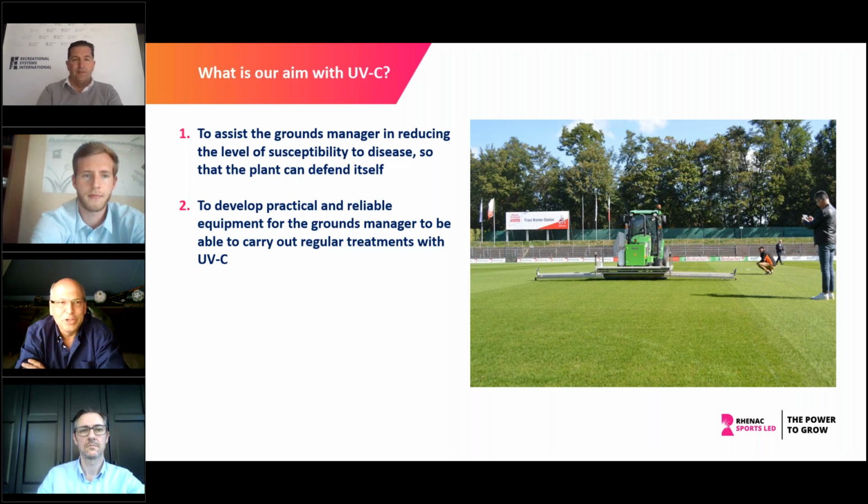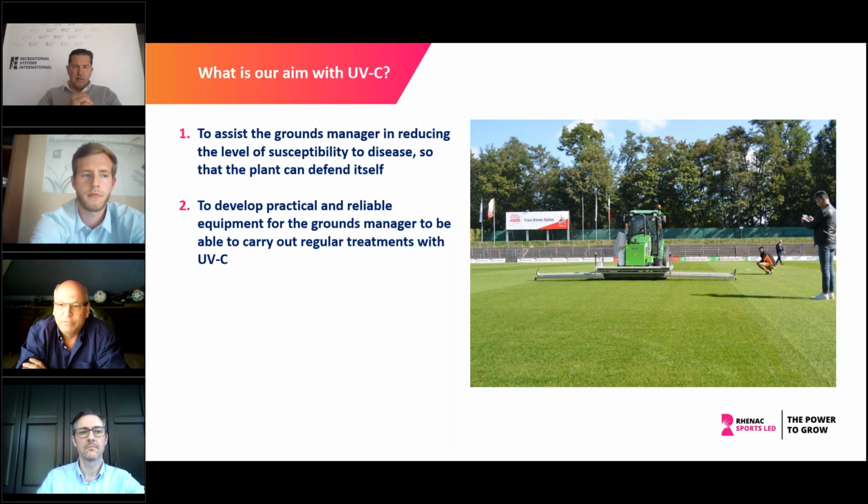Okay, we'll continue. So what was our aim developing the UV-C light spectrum treatment? Well, first of all, to assist the grounds managers to reduce the susceptibility to disease of the plant, and basically to create a plant that's better able to defend itself against pathogens like fungal diseases.